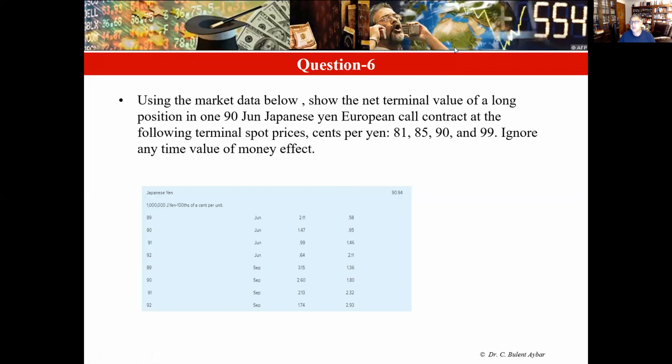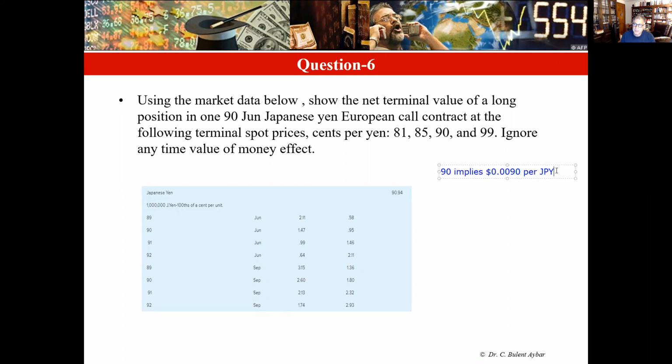Let me write this down so that we become clear about it. I'll write it in this text box here. 90 implies $0.0090 per Japanese yen. So essentially, this is going to be the exercise price per Japanese yen.